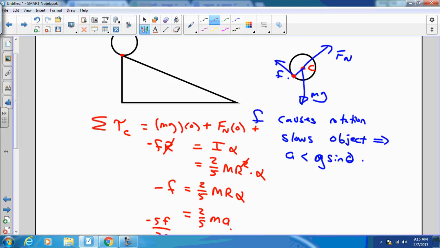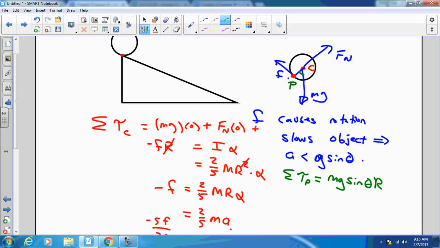We can get the same result by simply doing a sum of torques about the point of rotation. Remember how we talked about that being a good idea? And so here, if we do a sum of torques about the point of rotation, then our alternate analysis looks like this. We call this point P. The sum of torques about point P is equal to mg times the sine of theta times r.